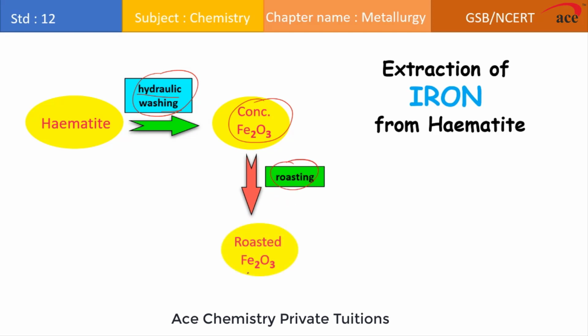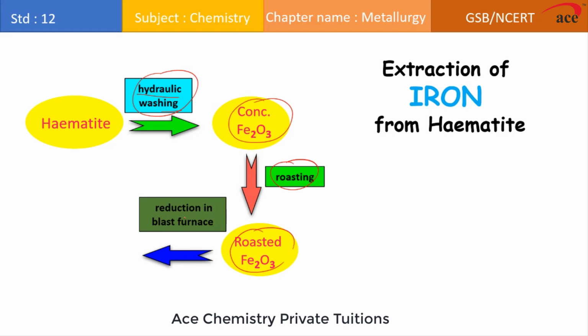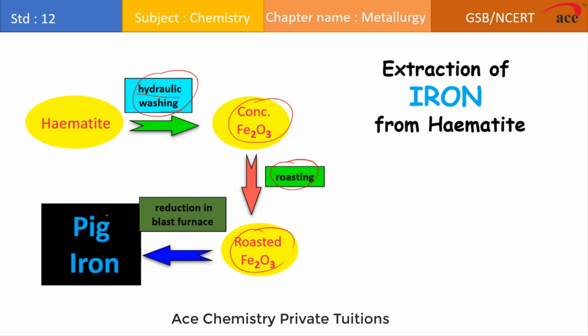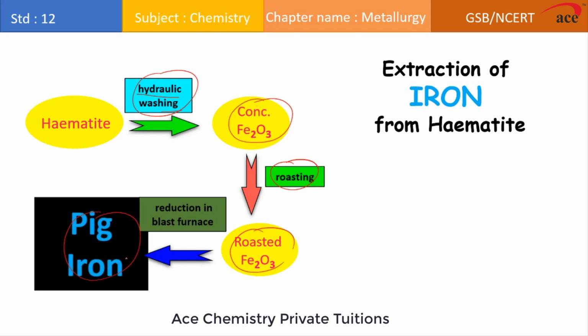During roasting, it gives roasted Fe2O3, which is free from volatile impurities, and after this it is reduced in the blast furnace to impure iron, consisting of around 4% carbon, which is pig iron. This pig iron is again refined by a process of liquation. So this is how the extraction of iron is carried out.